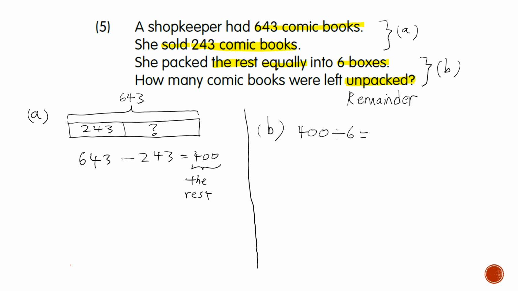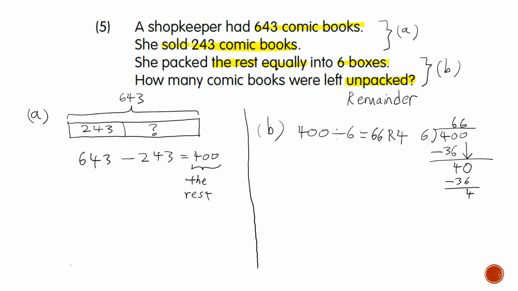Let's work this out together. 4 cannot divide by 6, so we move on. 40. 6 times 6 gives you 36. I'm left with 4. Bring down the 0. Remember to draw the arrow. Then again, 6 times 6 is 36, minus 36, remainder 4. So each box has 66 comic books, and there will be a leftover of 4 comic books.